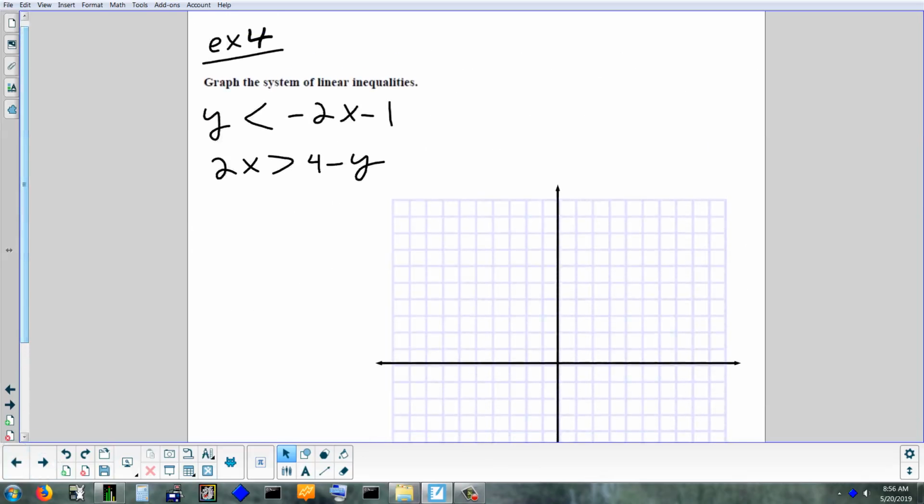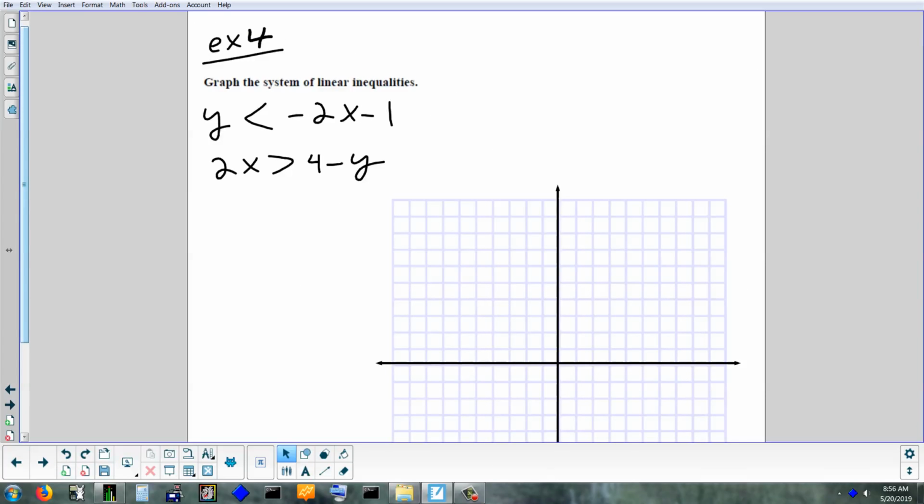Now, what do we have to do on this one? Solve for y. Rearrange the equation. Okay, so we have to rearrange, but just the directions. They're just telling us to do what? Just graph, that's it. Do they say find an ordered pair that's a solution? No. Don't worry about it. Just graph it.